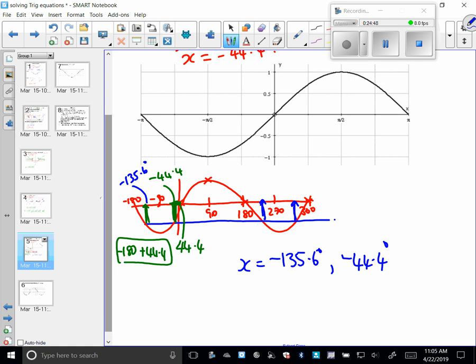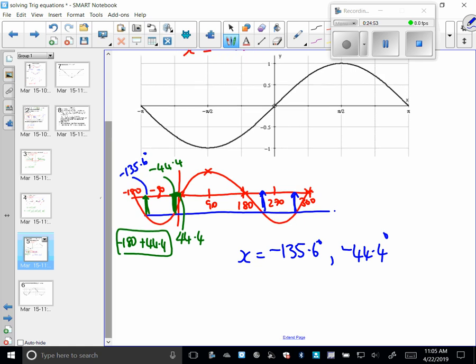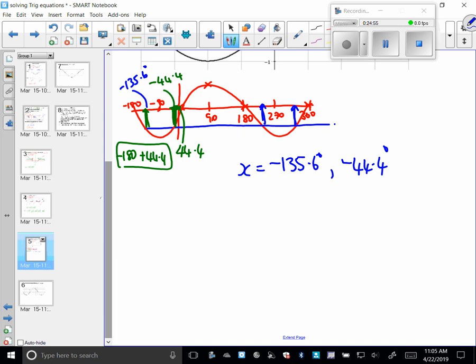So here's the thing. How do we change something from a degree to a radian? Do you remember? So to go from degrees to radians, we have to multiply by pi over 180. Okay? So that's the rule.